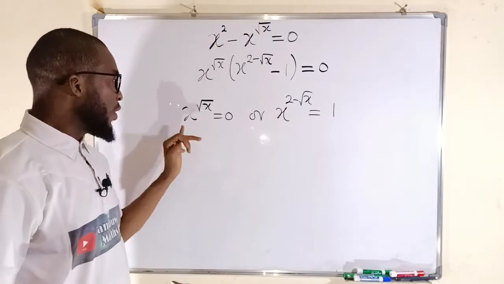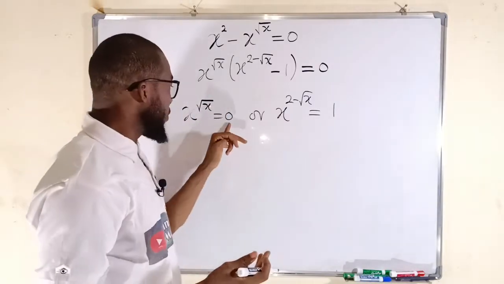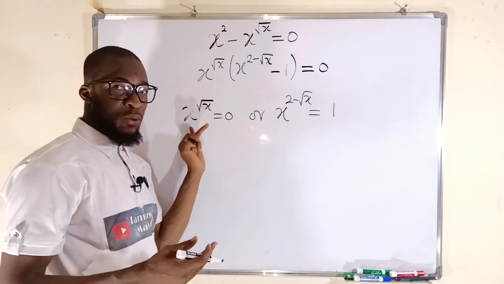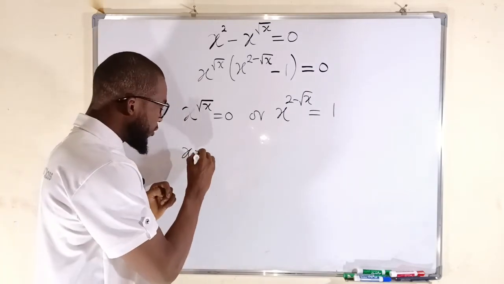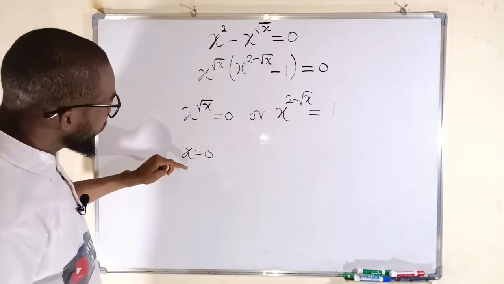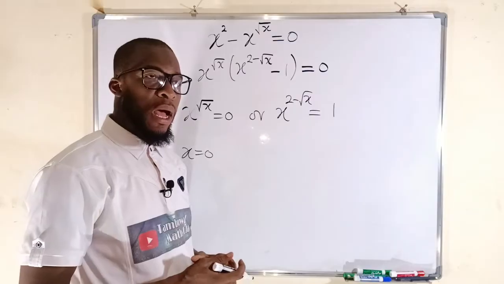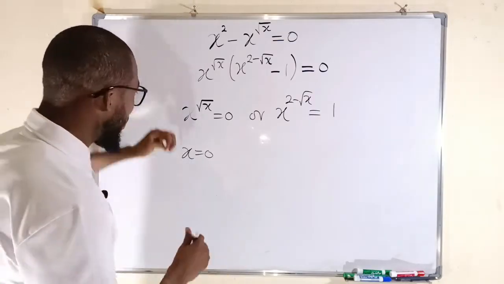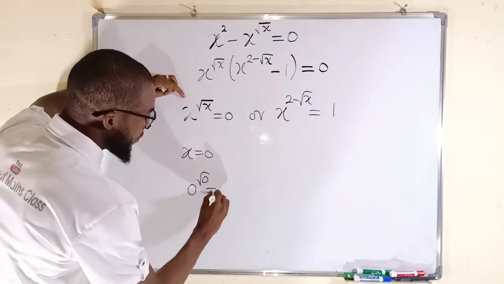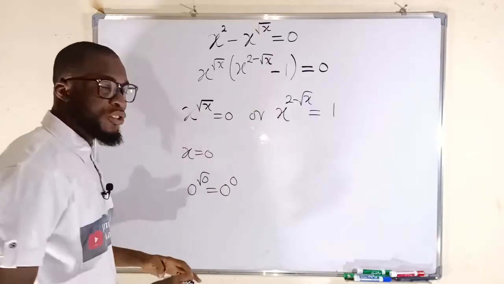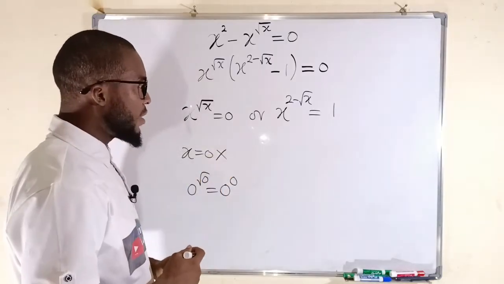Here, the only condition that will make an exponential function equal to 0 is if the base is 0, which means x equal to 0. If you substitute x equal to 0 back in here, you're going to obtain an undefined expression, because we're going to have 0 raised to the power of the square root of 0, which is the same thing as 0 raised to the power of 0, which is undefined. So we are not going to consider this one as a solution.